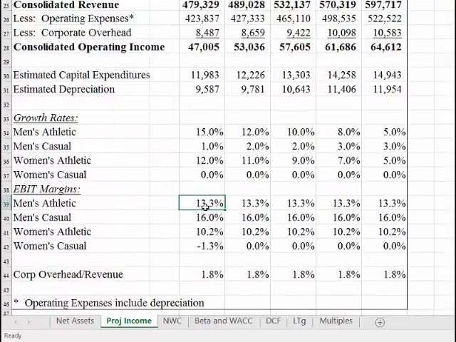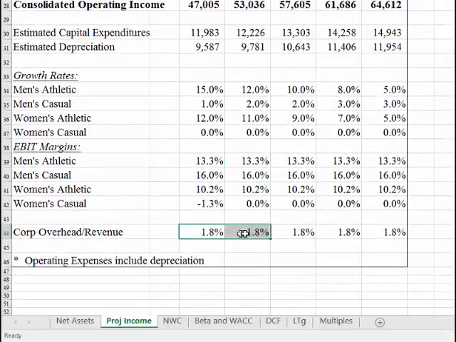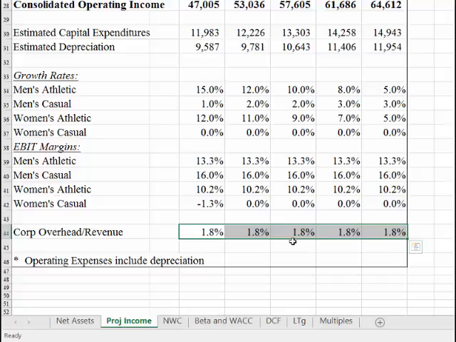And do these make sense? Are they taking the appropriate amount of expenses to get to this number? And then they're estimating the corporate operational or overhead and revenue as well. And it's constant throughout. Does that make sense given the plans that the company has for Mercury Athletic?